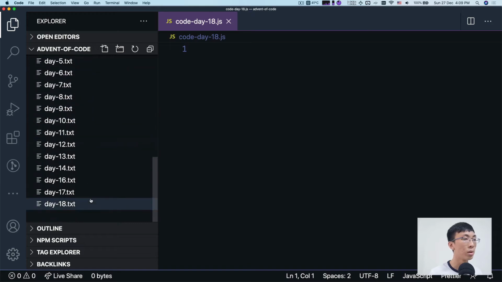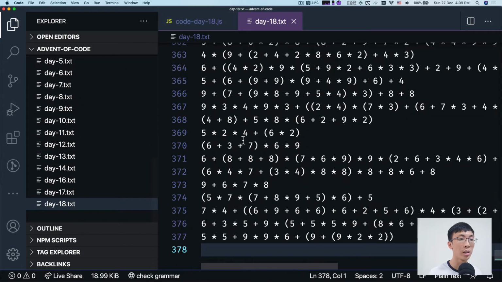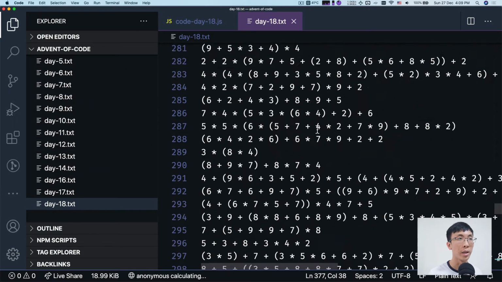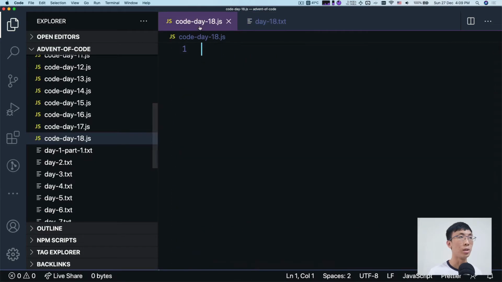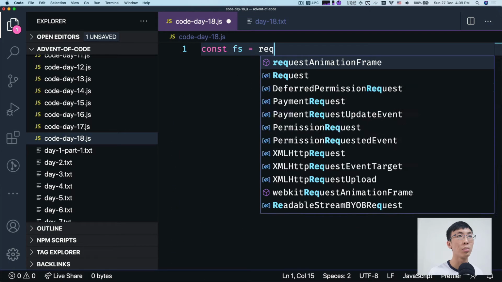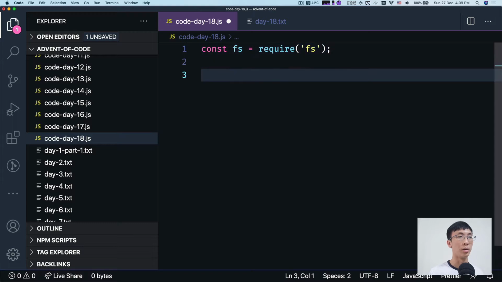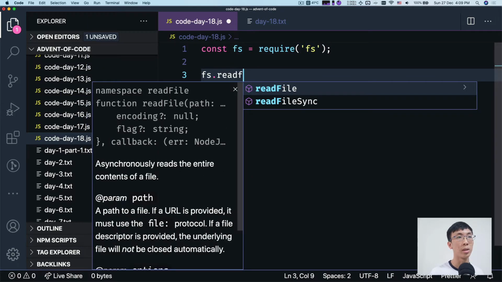So we have our input over here on each line, and we're gonna evaluate them. First things first, as usual, we are going to import the file system to read the file content.